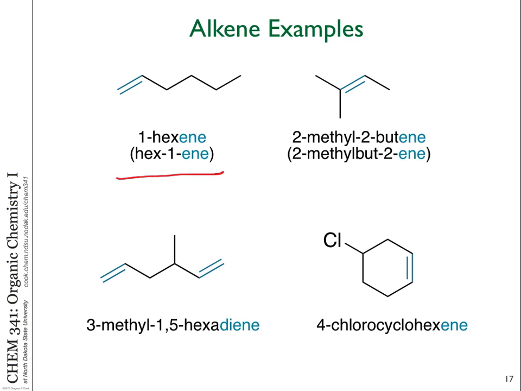The double bond happens to be between carbon 1 and carbon 2. So we always give it a number referring to the first carbon the double bond starts at. Even though it spans carbon 1 and 2, we refer to this as 1-hexene for that molecule, as opposed to 2-hexene. 2-hexene would look like that. The double bond starts on carbon 2 and goes to carbon 3.